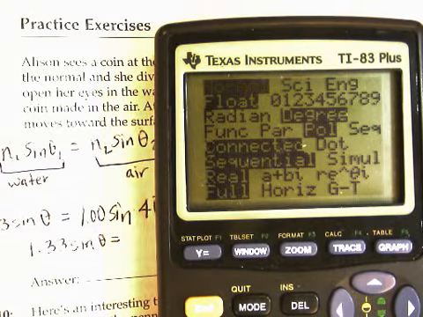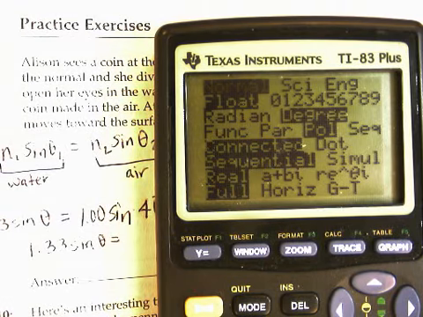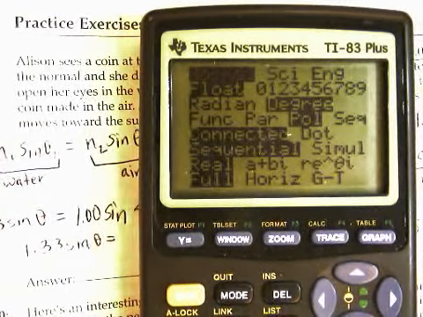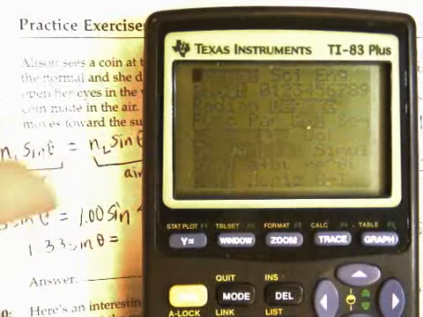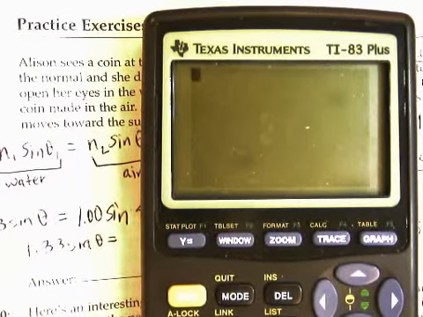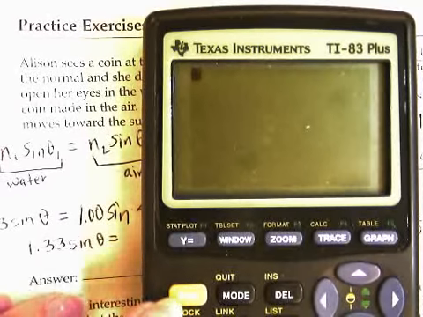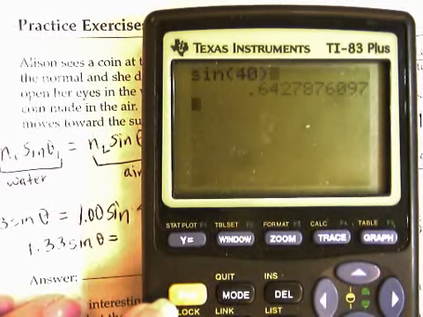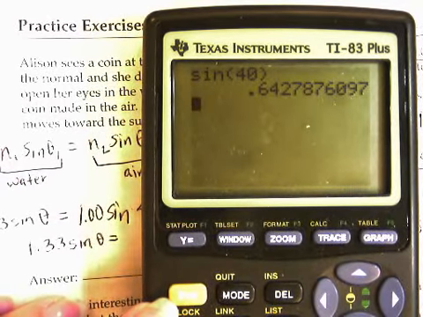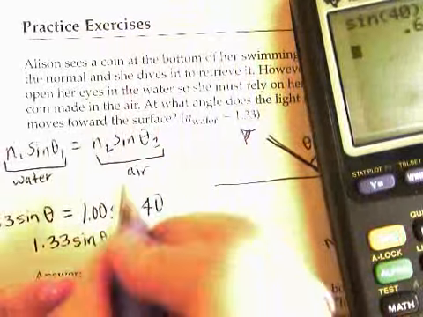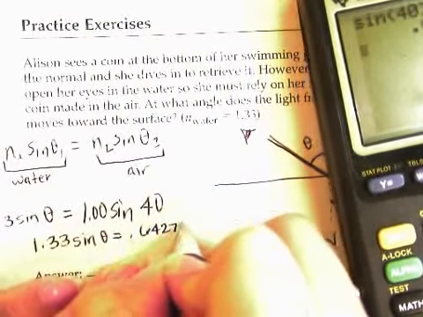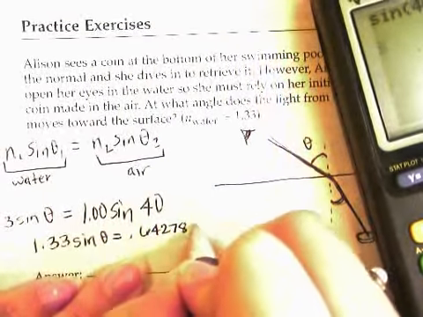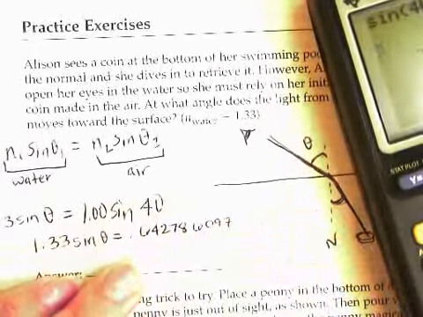Once you press on mode, what you want to look at is to make sure that degree is highlighted. If it is, then you are free to go. If it's not, then change it from radians to degrees. So go ahead and type in the sine of 40 and get an actual number. This is 0.6427. Now this times 1 is going to be itself, so I'm just going to write 0.64278.